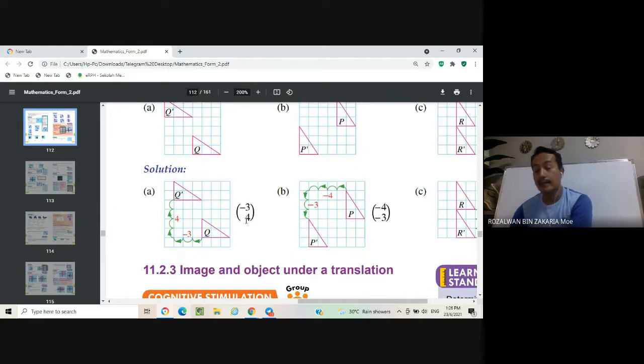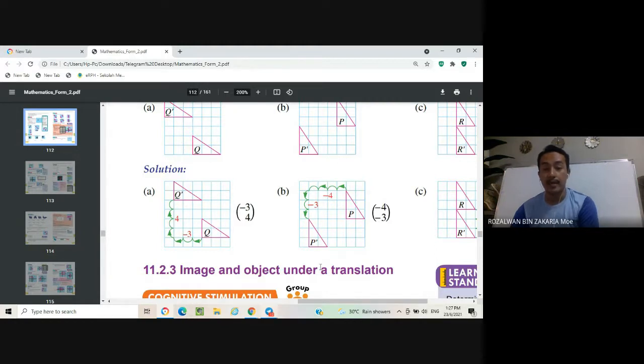After that, you write the translation for the y-axis, which is 4 because it moved 4 units upward. Like this, 1, 2, 3. The movement on the x-axis is 3 units to the left, that means minus 3. Then 4 units upward for the y-axis, that means positive 4. So like this, the answer for A.